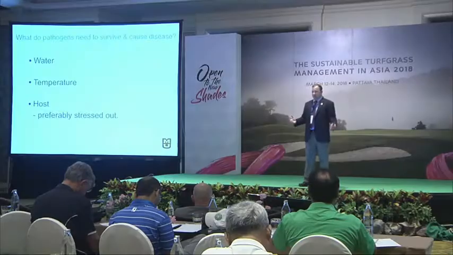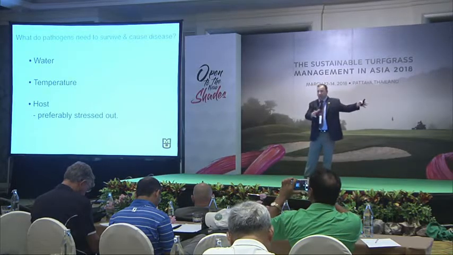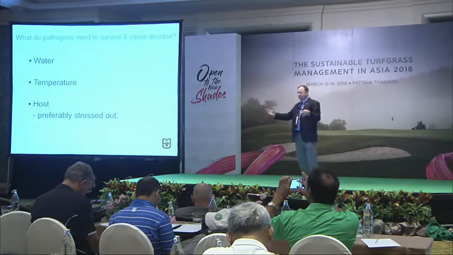They need temperature, which you're not really going to modify very much here, but if you do have any seasonal changes in temperature, they need that temperature. And last, they need a host that is susceptible and preferably a little bit stressed out.